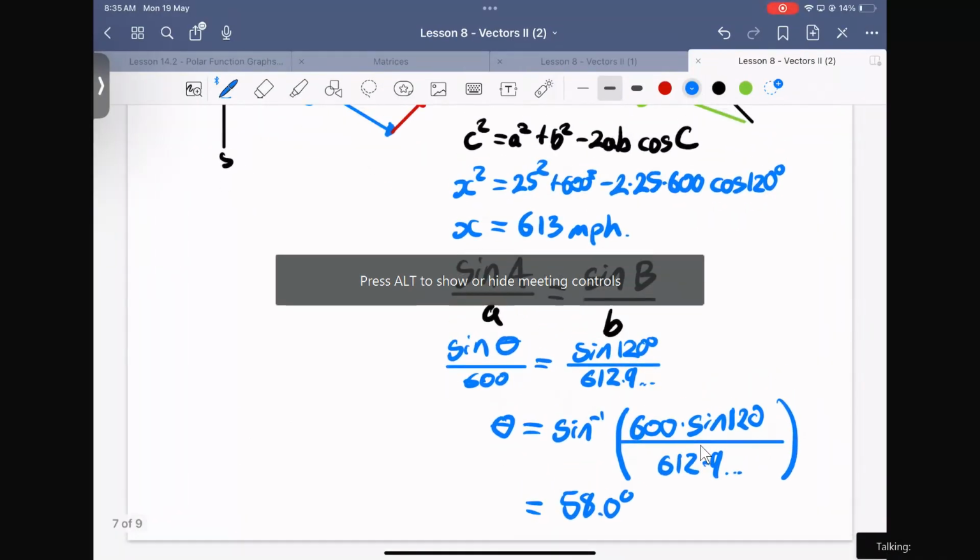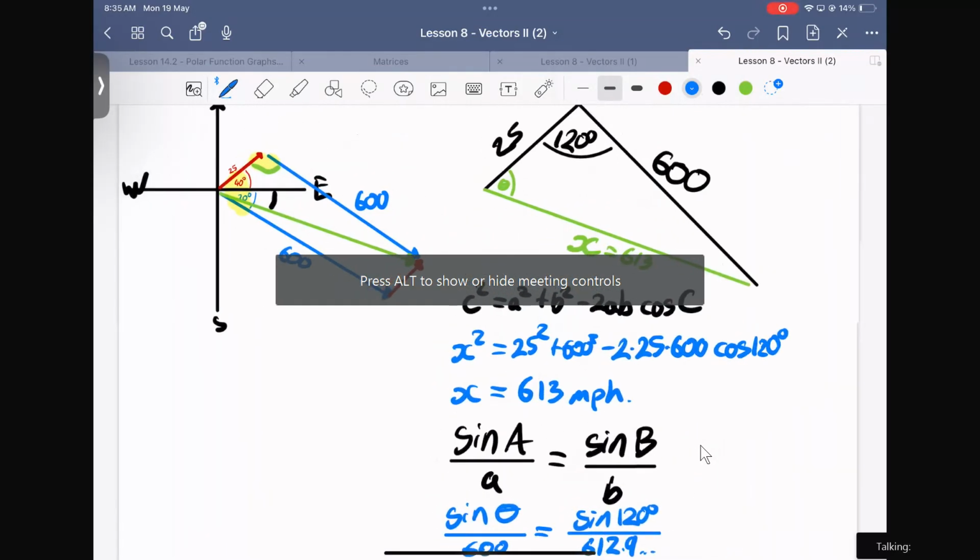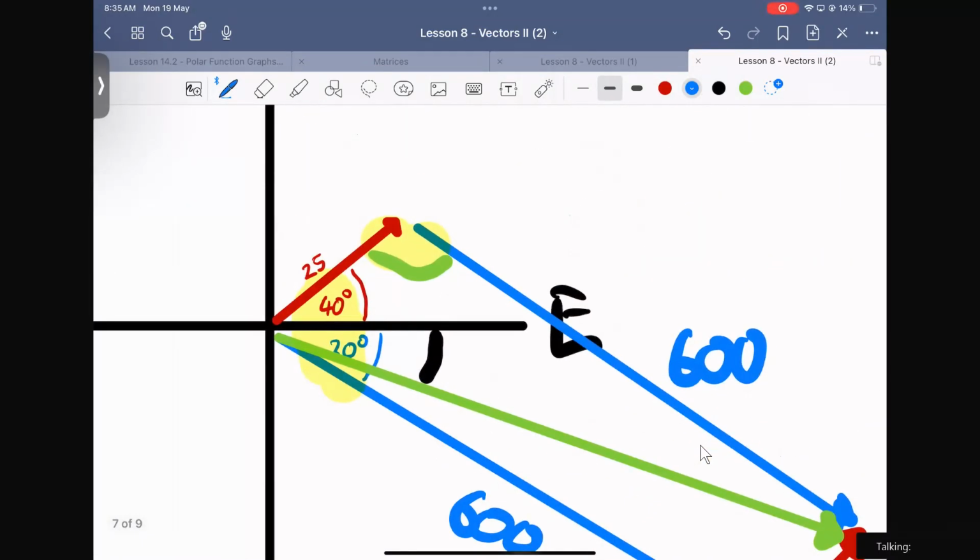So we're still not there yet, because this angle is here, whereas we are after this black angle here. How much below that point is it? But all we need to do is take off this 90 degrees here. Sorry, no, we don't. We need to take off the 40.